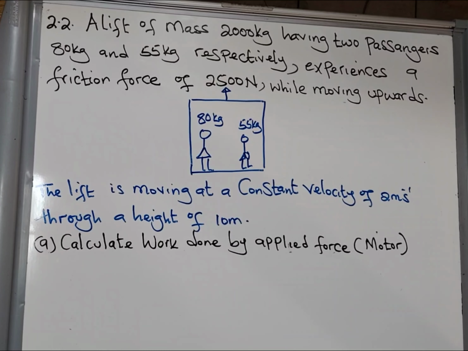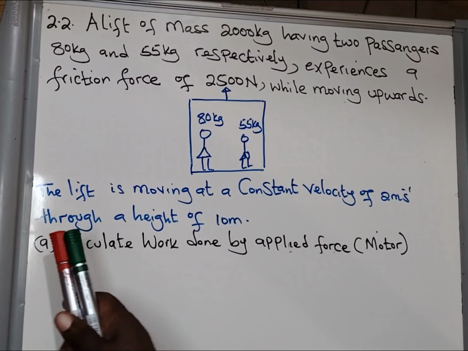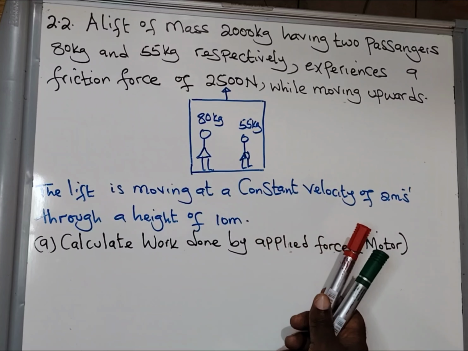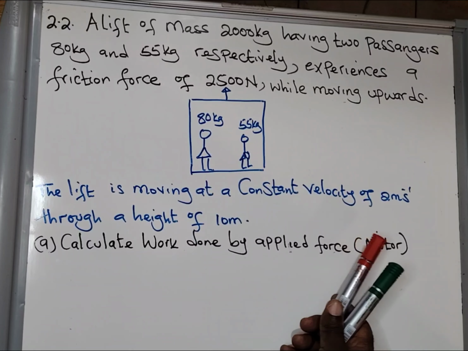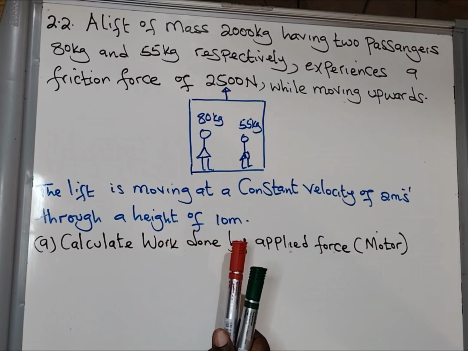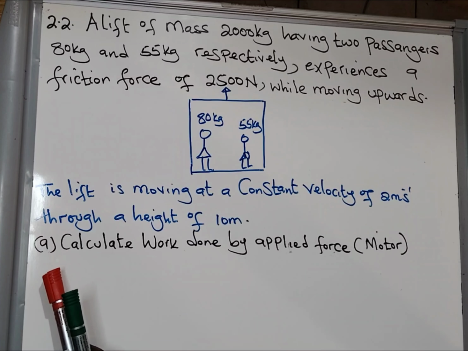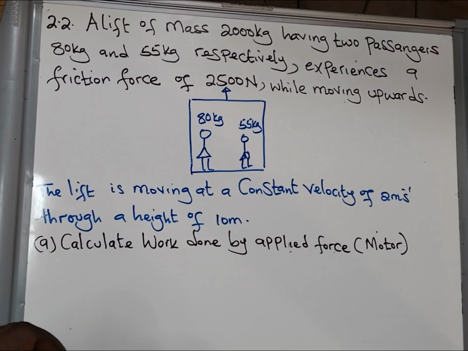Then comes this question. The statement reads that the lift is moving at a constant velocity of 2 meters per second through a height of 10 meters. The question says calculate the work done by the applied force or motor. How do you go about this?